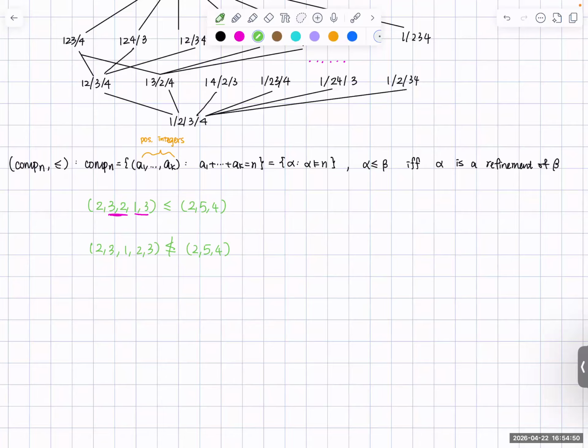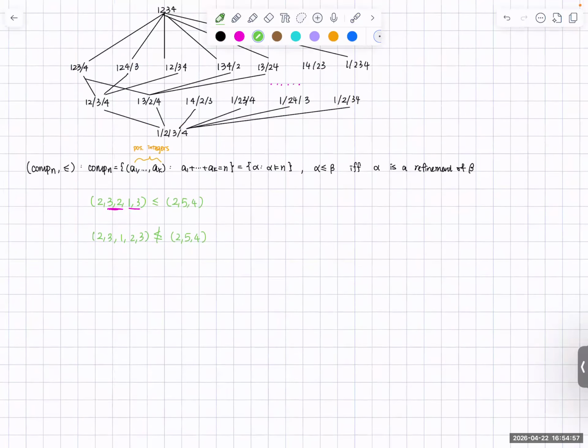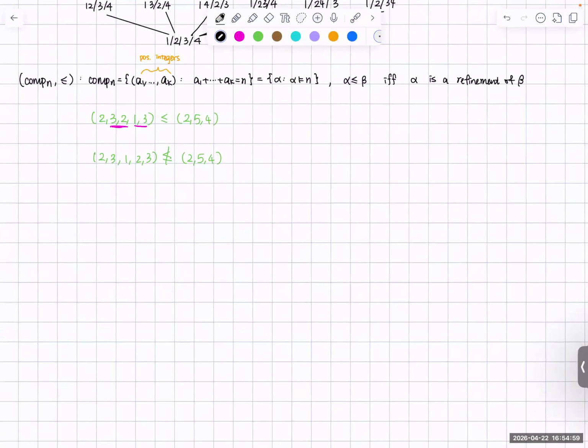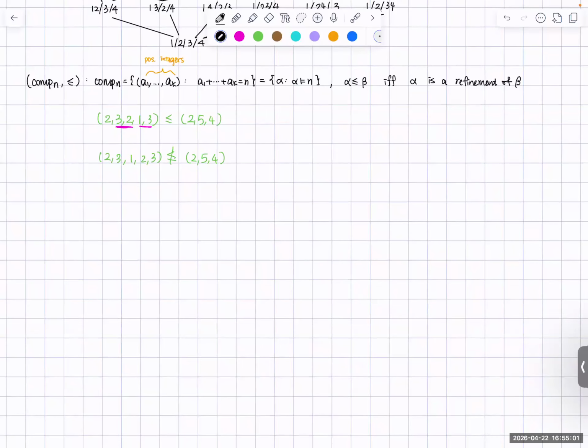All right, so this actually gives you another poset. Let's draw it out. We will have the smallest one. For example, we are going to look at n equals 4. The smallest one will be 1, 1, 1, 1, right? And then afterwards, think about how you do refinement. This is a refinement of which one?